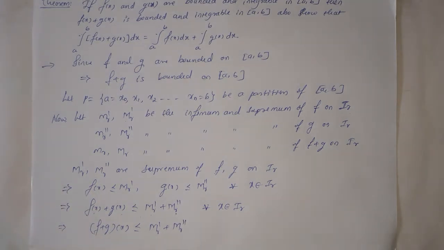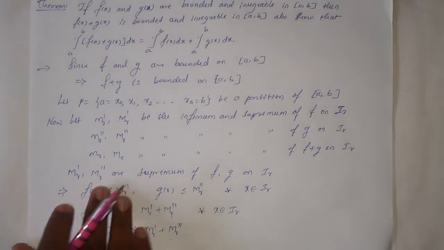So, therefore, now here we got f plus g of x is less than or equal to mr dash plus mr double dash, means here it implies that this mr dash plus mr double dash is the upper bound of the function f plus g, because the values of this f plus g of x is always less than or equal to this value, means this becomes the upper bound for the function f plus g. And now, let us continue.